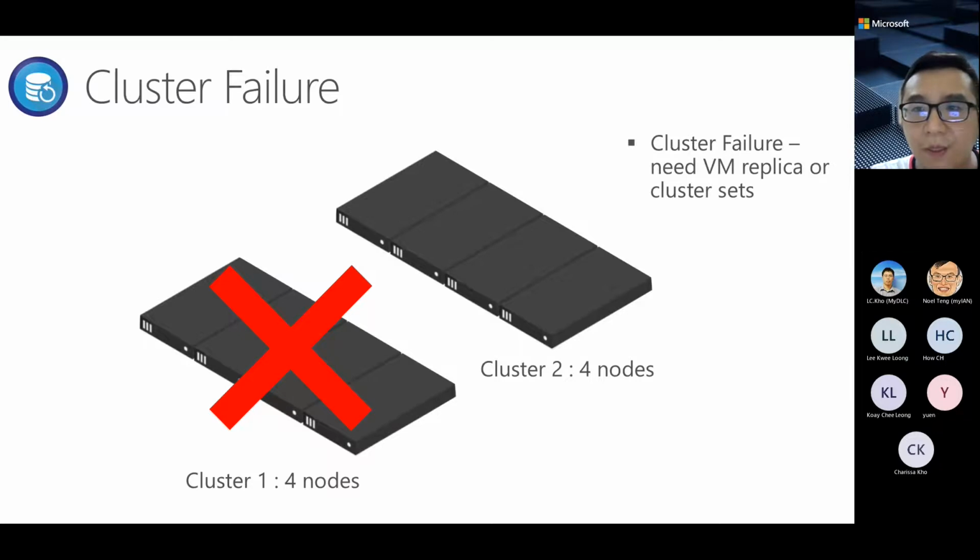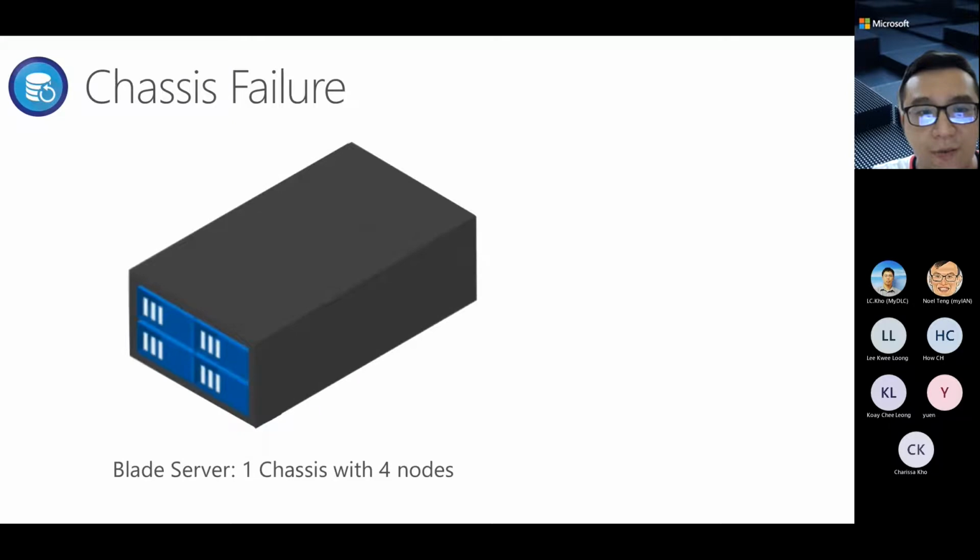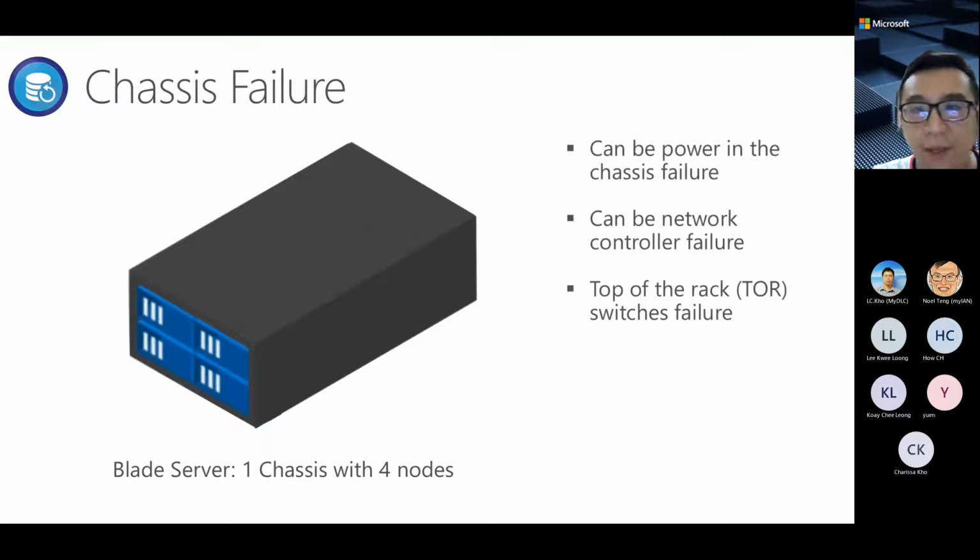Then what we talked about is that we need VM replica or cluster set to help you in case of disaster recovery. So you need this kind of technology. Then chassis failure. It can be the power, a network controller, a TOR switch failure, and also the backplane failure.